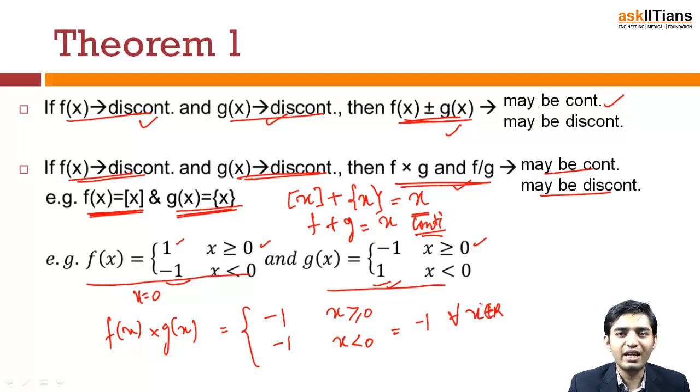It is minus 1 every time for all x. So this function is nothing but a constant function which is equal to minus 1, so it will be a continuous function, right? So discontinuous plus minus discontinuous can be continuous, and also discontinuous multiplied by discontinuous can be continuous, right?